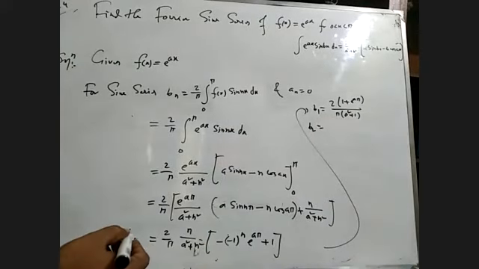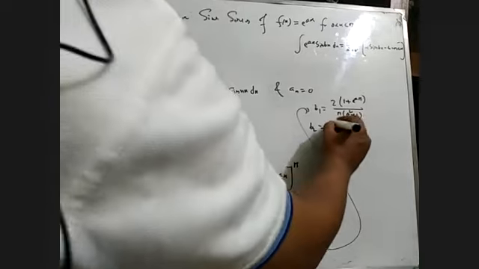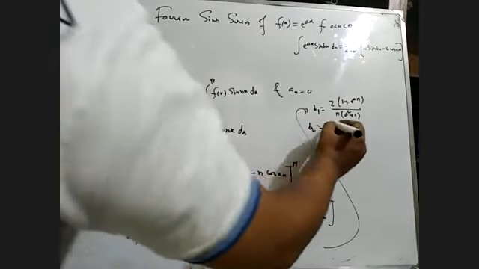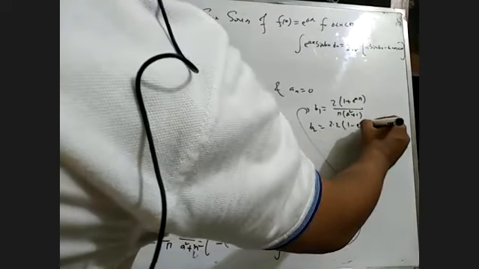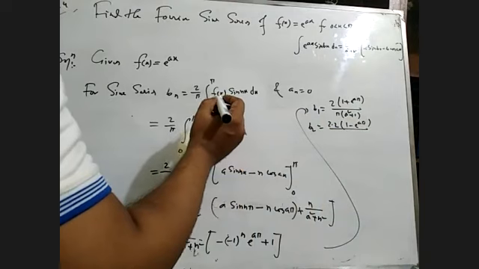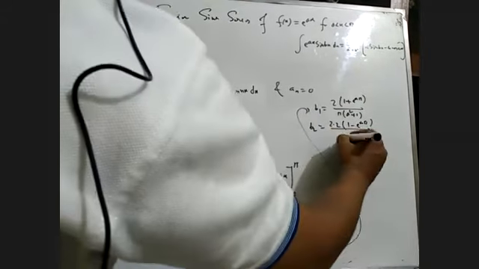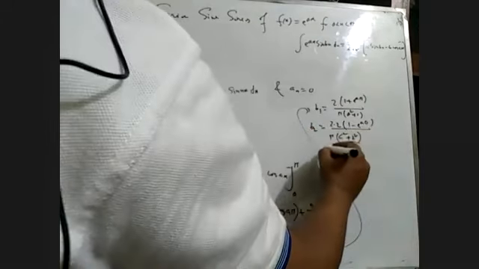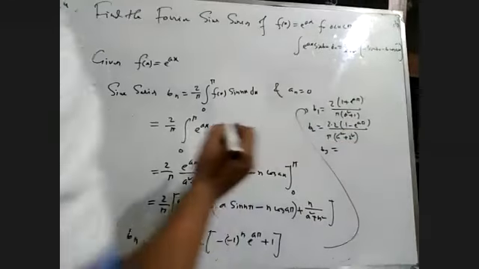And B2, just putting n equals 2 here, equals 2 into 2, 1 minus e to the power a pi divided by a square plus 2 square, into pi. And similarly B3 will be what?